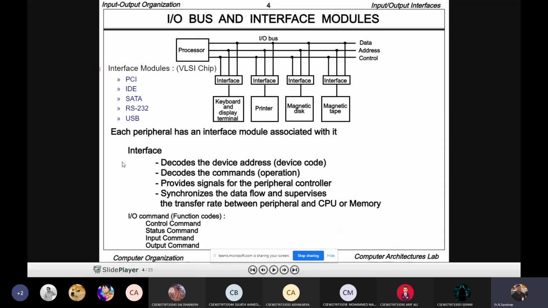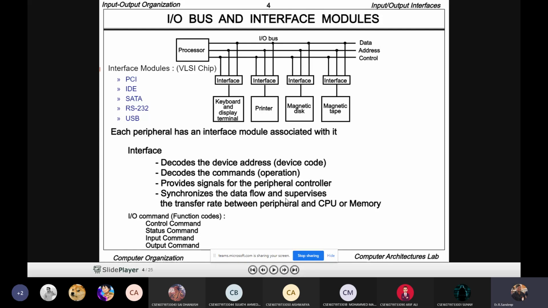What is the main responsibility of an interface? The interface decodes the device address, that means the device code, from where it is coming, the port number, and decodes the commands, what type of operation you are performing, whether read only, write only, or read-write. It provides signals for the peripheral controller, like activating or deactivating it, and synchronizes the data flow, that means asynchronous or synchronous data transmission.